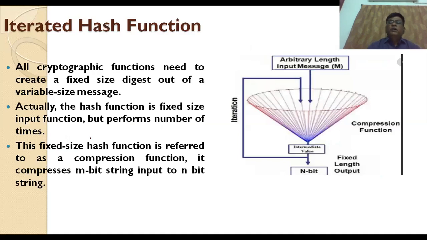Now, here we are using two types of schemes. One type of scheme is the iterated hash function. What is the meaning of the iterated hash function?